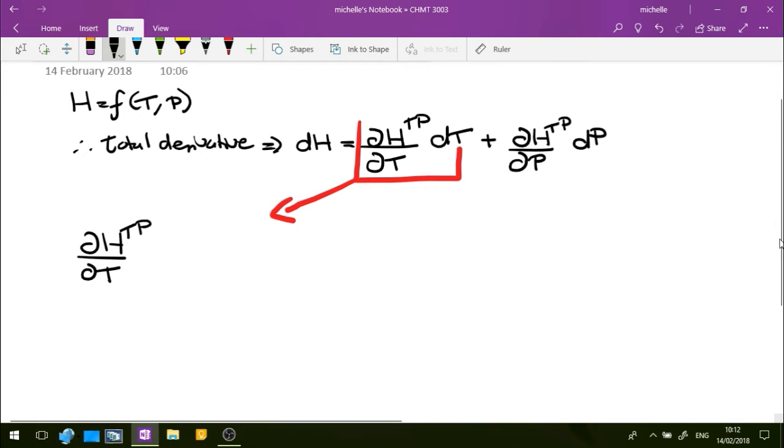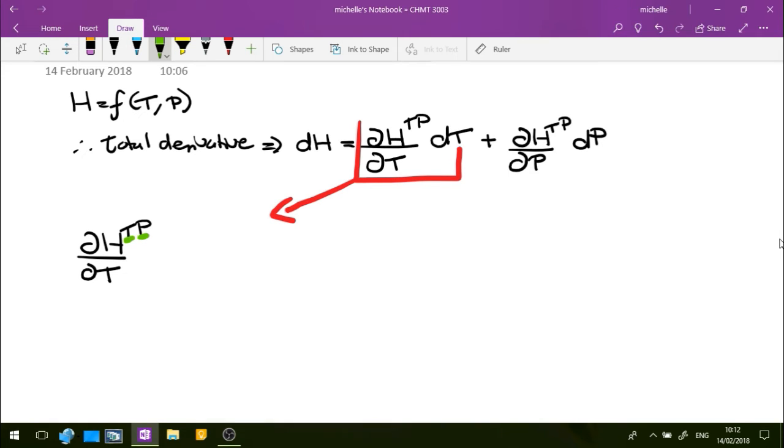This comes from my total derivative, where h is a function of T and P: you partially differentiate h with respect to T, and in my partial you can see that h is a function of T, keeping P constant.